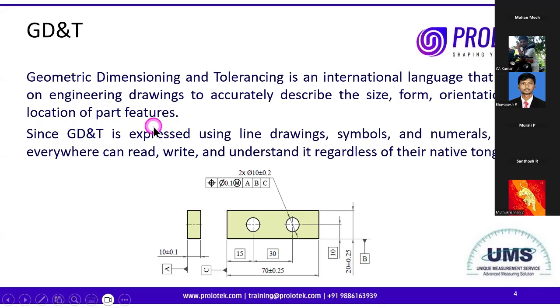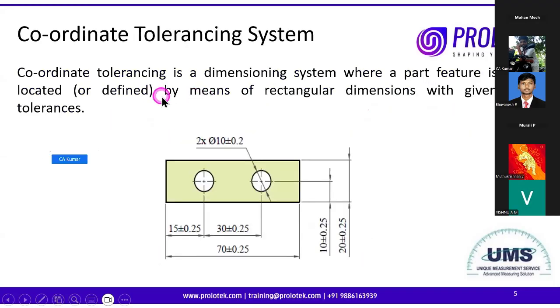Whatever part we manufacture will have two dimensions: one is size, the other is shape. So when we manufacture, we have to focus on controlling the size as well as shape. These are the four parameters with which we will be able to control size and shape: size, form, orientation, and location.